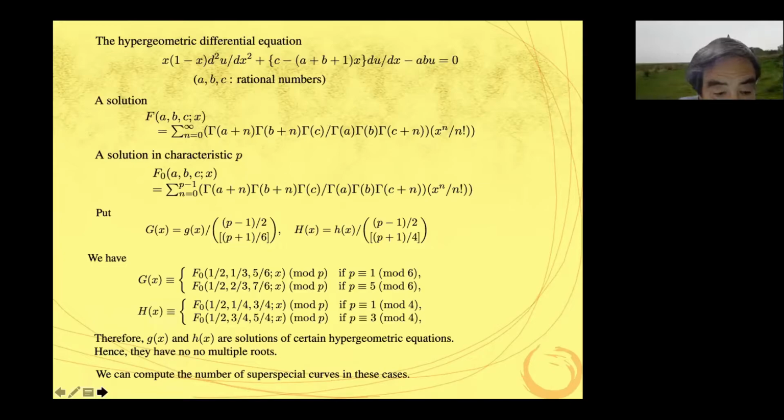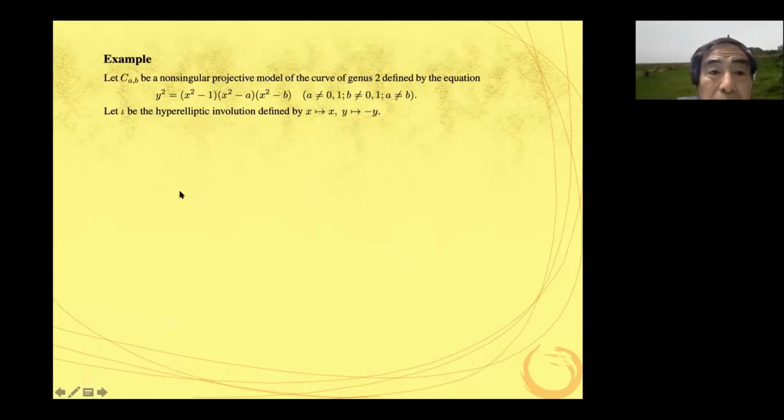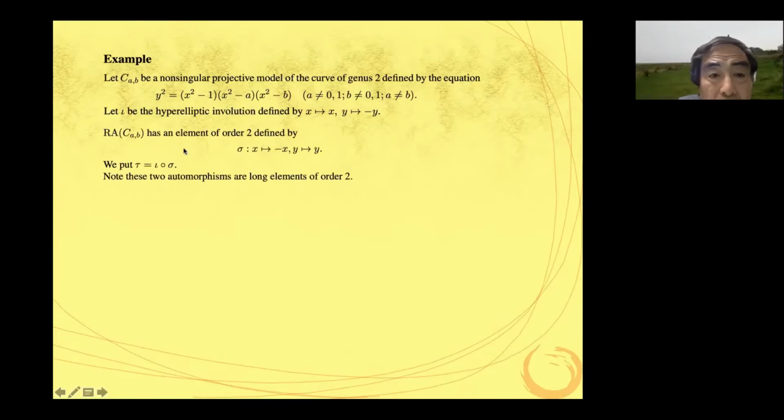And so now we give an example of a decomposed Richelieu isogeny. First, we consider a non-singular projective model of a curve of genus 2 defined by an equation like this. And iota is the hyperelliptic involution, which is given like this. And we also have an automorphism, an element of the reduced automorphism group.